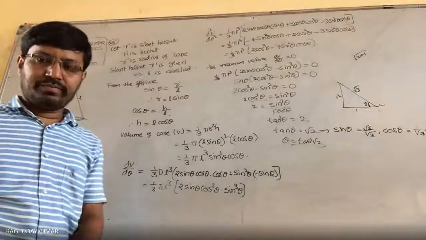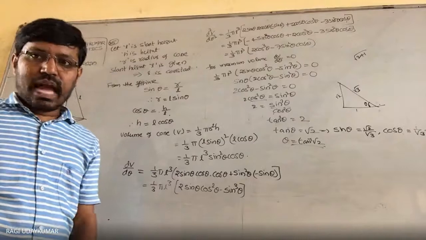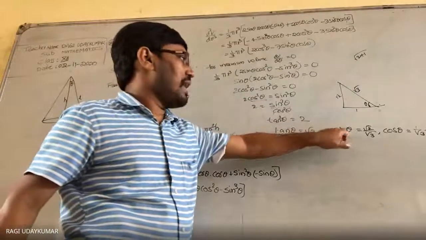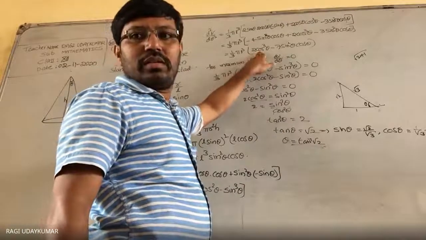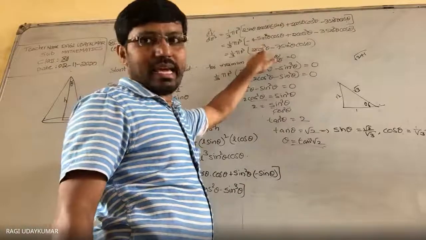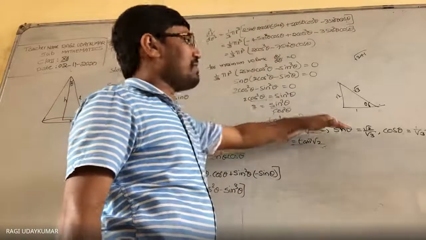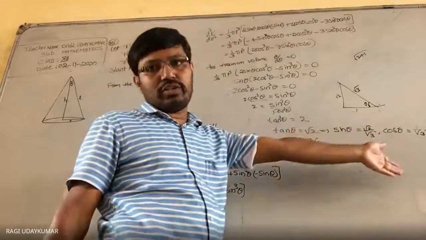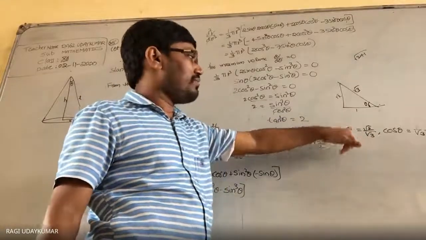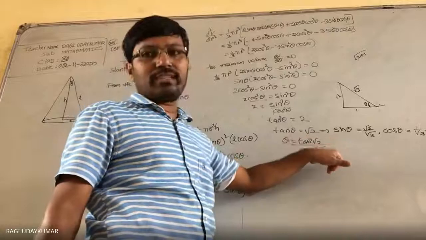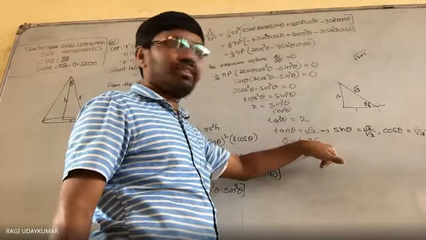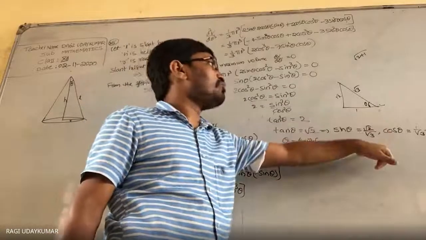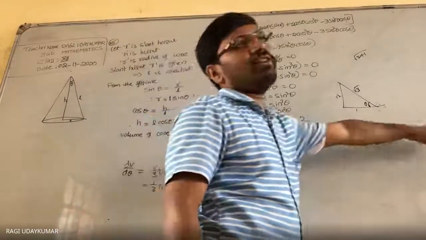समझ में आया? And these values, actually tan theta इसमें नहीं है ना हमको, इसमें tan theta नहीं है, so tan theta we got it, but with the help of sin and cos you can find out. So at the place of theta equal to tan inverse of root 2, sin theta will be equal to root 2 by root 3 and cos theta equal to 1 by root 3.